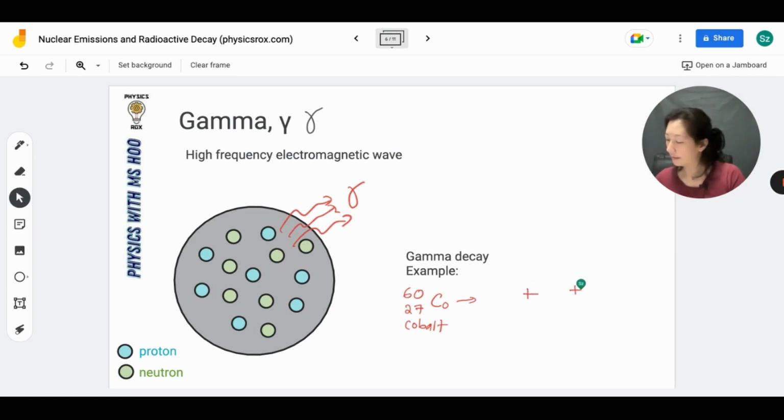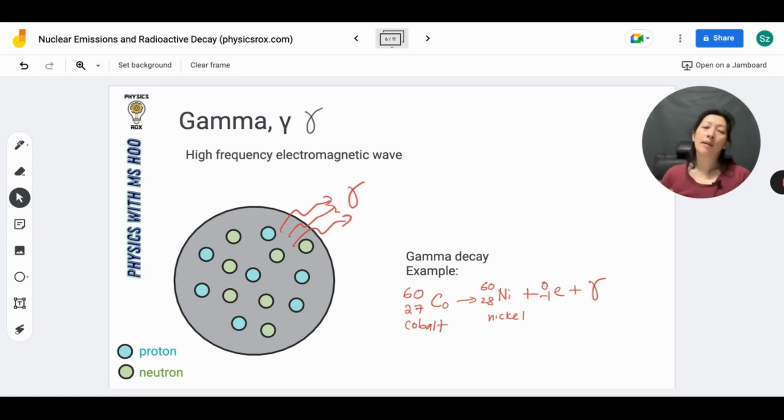It will release a beta particle as well as gamma. Now, how we write gamma in this case is we just write the gamma symbol. It forms nickel. And because it releases beta, the number of nucleons remains the same and the number of protons increases by 1. So this is an example of how we can write a gamma decay equation.